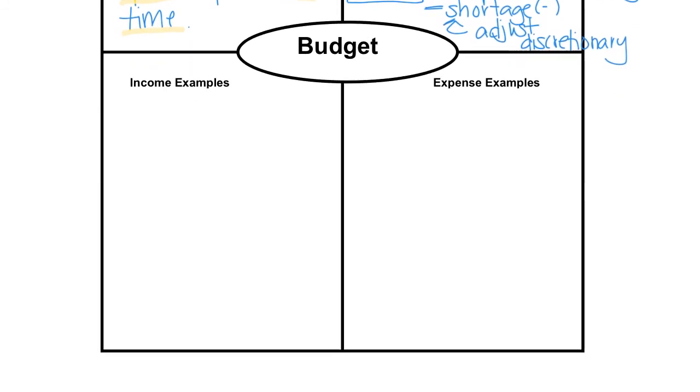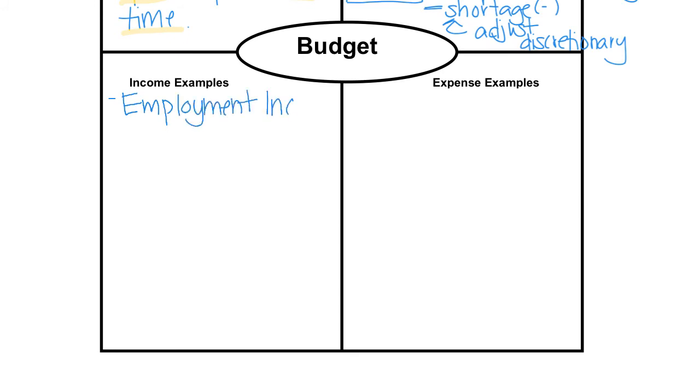So let's make a list of the income examples, the things that we would put in under our income list. So our employment income, and that's our income from our job. So that's the first one. The next one is you might be getting employment insurance.